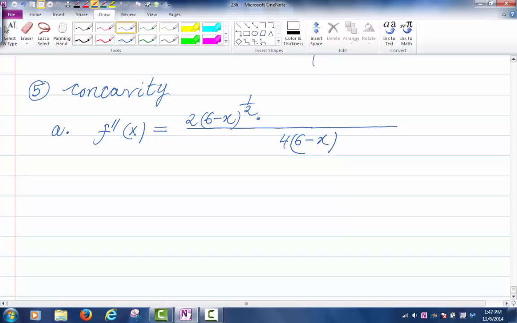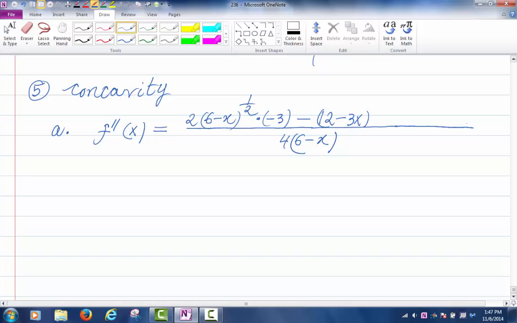Okay, so now in the denominator I'll get 2 times (6 minus x) to the half, multiplied by the derivative of the numerator, and the derivative of the numerator is what? Negative 3, right? And minus the numerator, which is 12 minus 3x, multiplied by the derivative of the denominator. What's the derivative of the denominator?